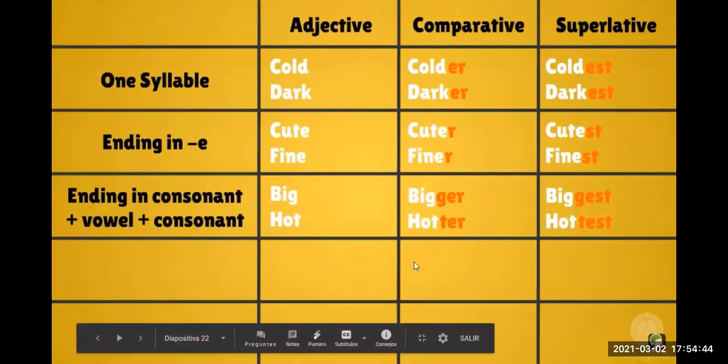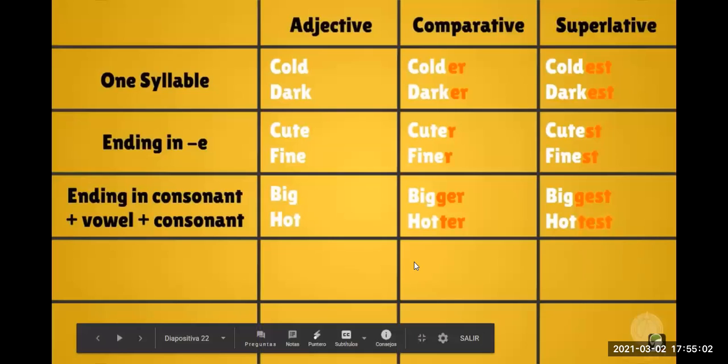Then we have the other rule. When we have an adjective with two syllables and this adjective finishes in Y, what do we do?